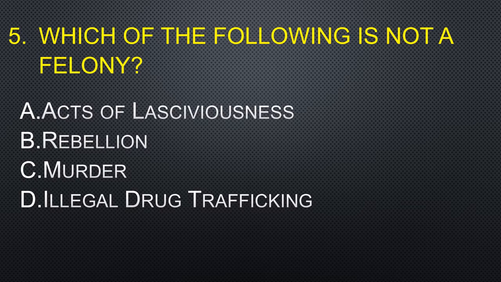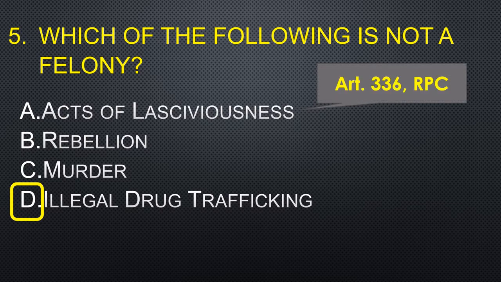On the other hand, illegal drug trafficking is punishable by a special law. So, specifically, acts of lasciviousness is punishable under Article 336 of the Revised Penal Code. Rebellion is punishable by Article 134 of the Revised Penal Code. And murder is punishable by Article 248.